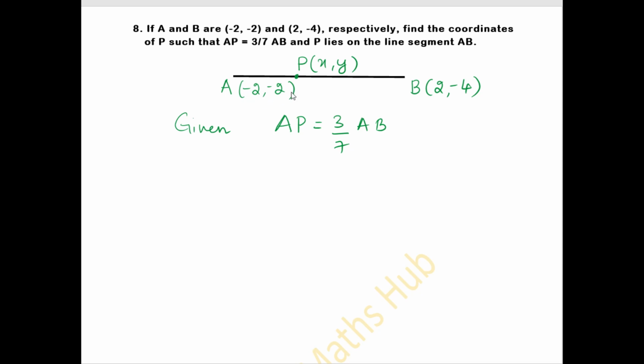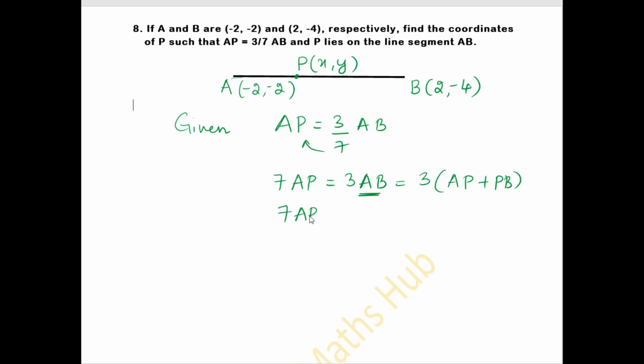Now students, what is AB? Multiplying by 7, 7 times AP equals 3 times AB. Now AB can be written as AP plus PB. So 7 AP equals 3 times (AP plus PB).